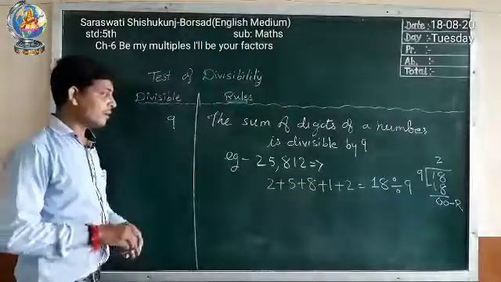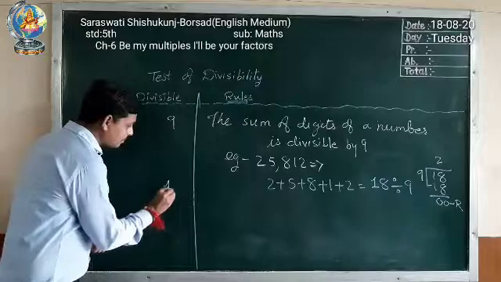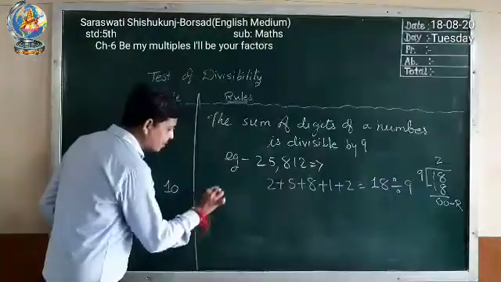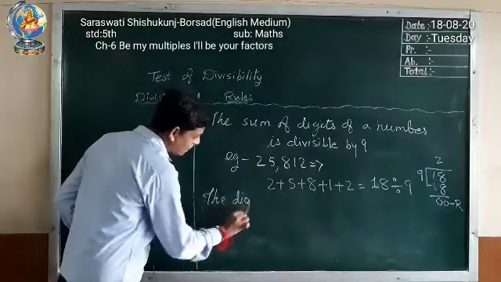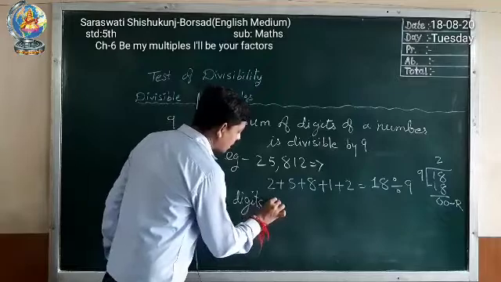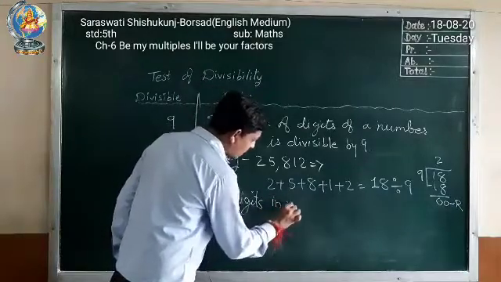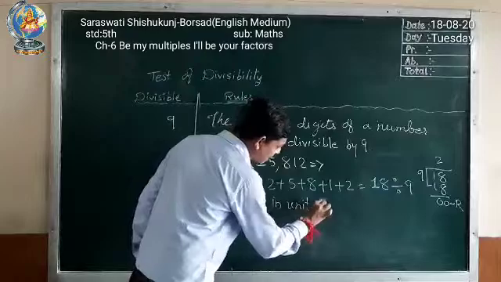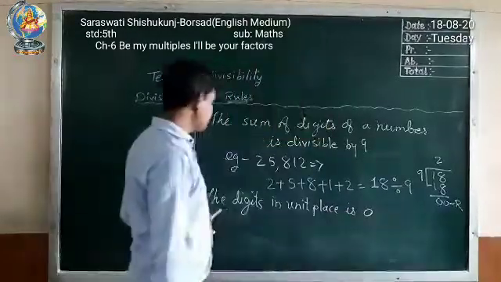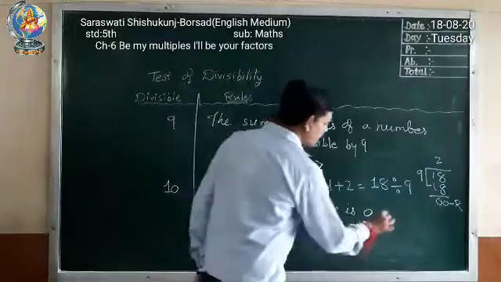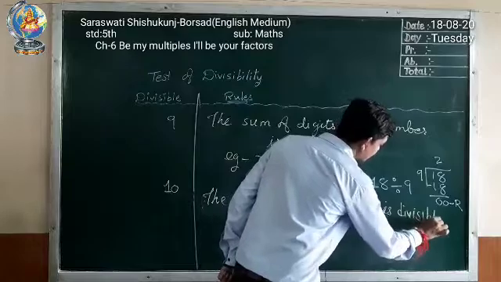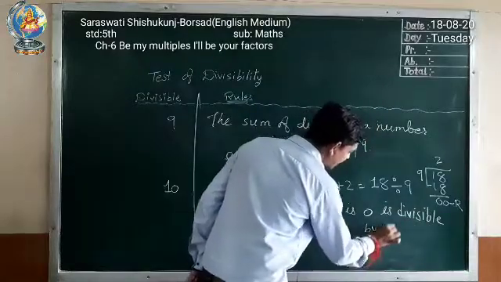Now the last number is 10. Test of divisibility of 10 rule. The rule is: the digit in the unit place is 0, then the number is divisible by 10.